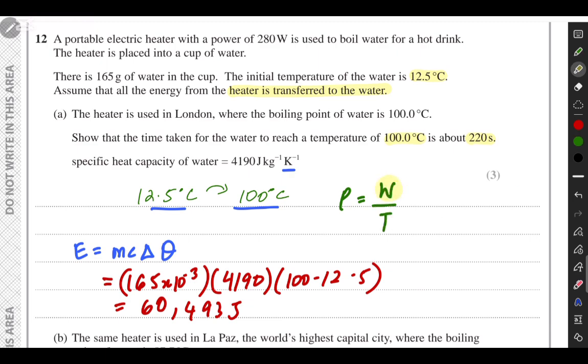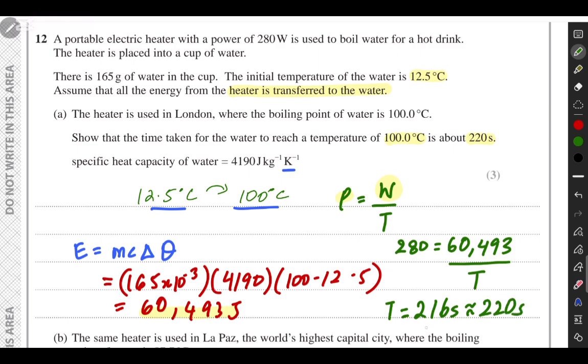The amount of energy we need is 60,493 and the power we have is 280, and we have to find time t. Then t will be equal to 60,493 divided by 280, I think you can do that math. Time t is 216 seconds, which is approximately 220 seconds.